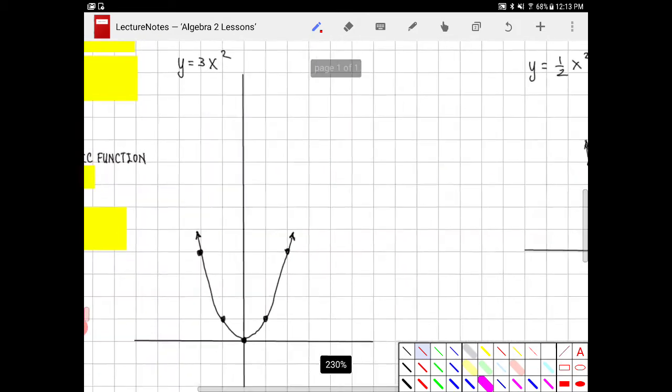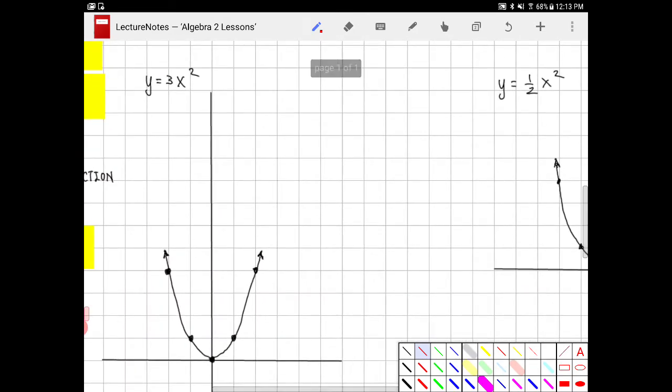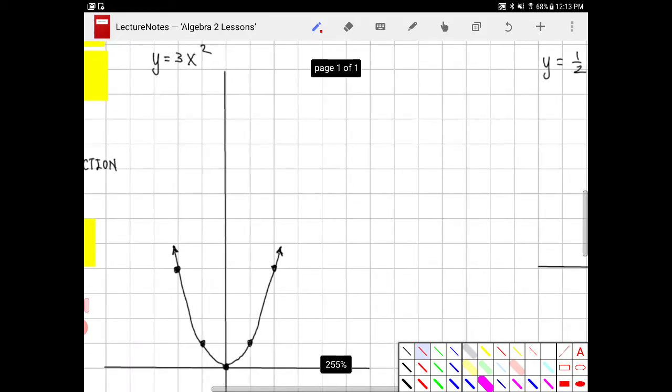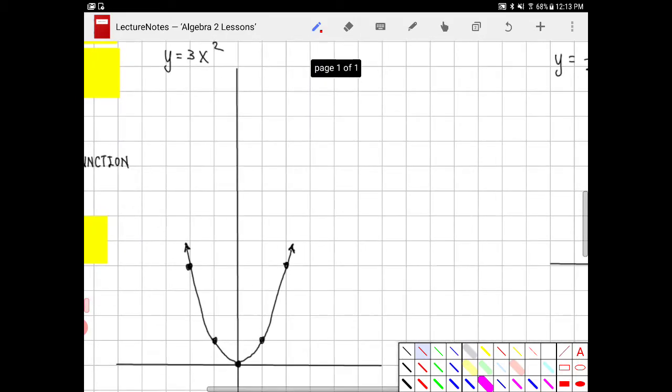Moving on. So now we have this scenario where we want to again figure out how this will change compared to the original parent function. So enter this into the calculator and see if you can figure that out. So as it turns out, what will become of this is all the coordinates will look like this.